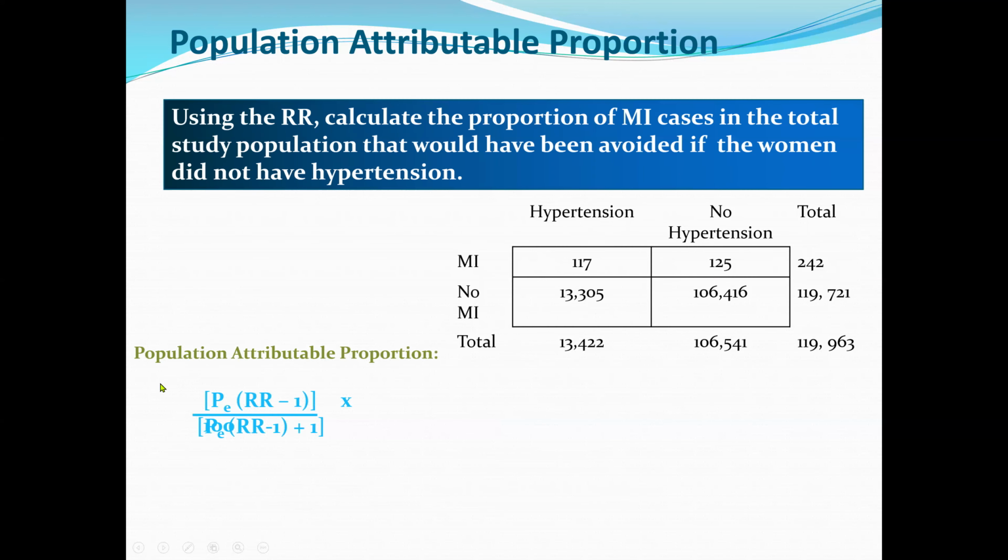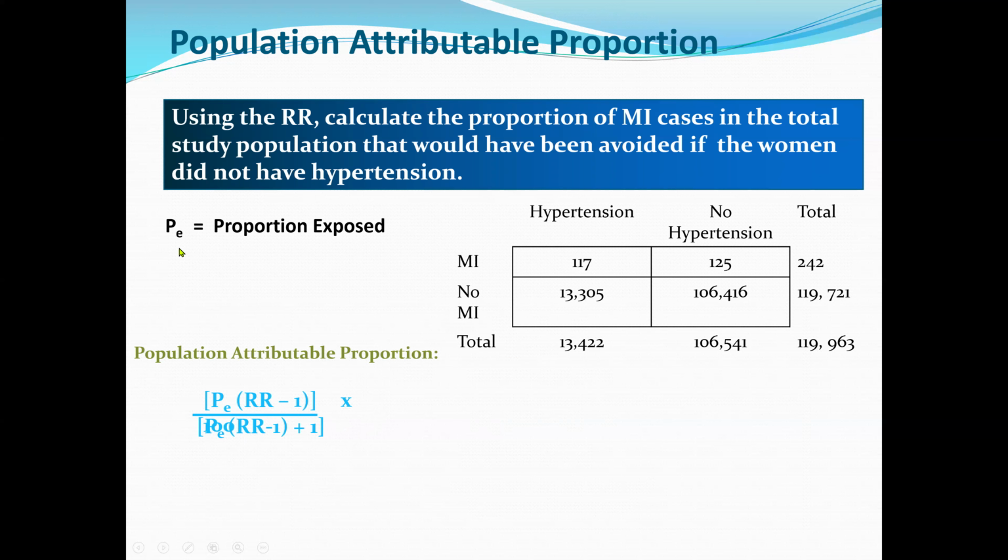Our goal here is to find the population attributable proportion, which is PE times (RR minus 1) over PE times (RR minus 1) plus 1, times 100, so the answer we get will be in percentage.